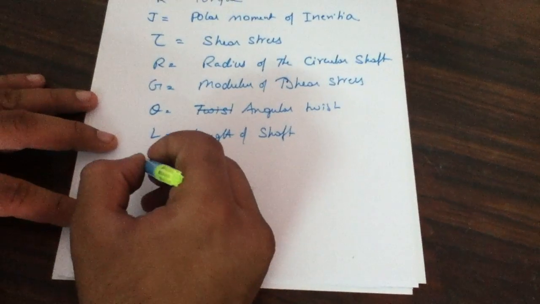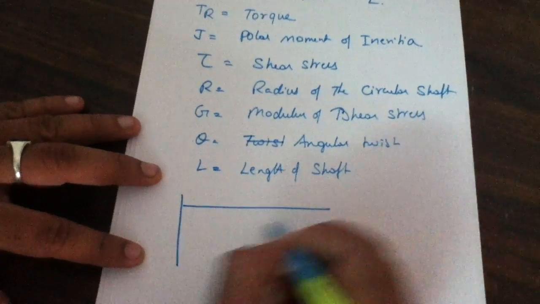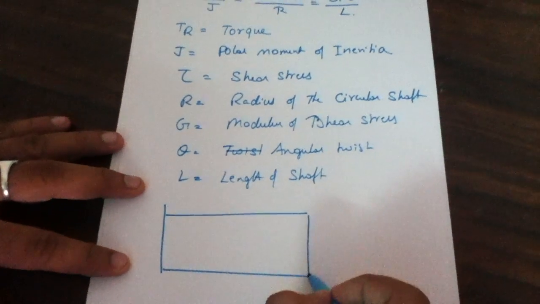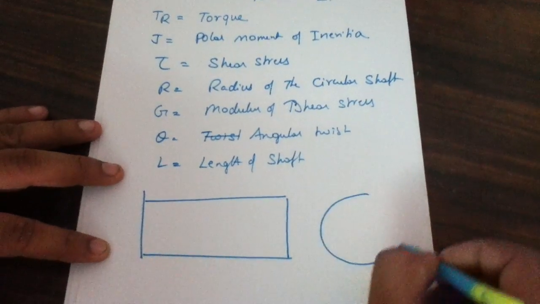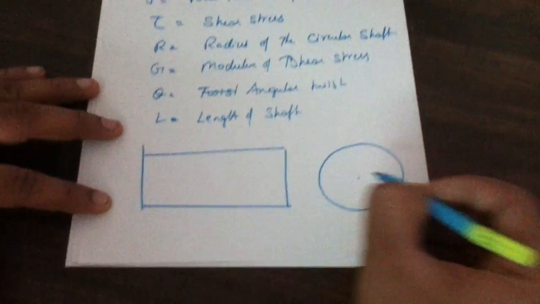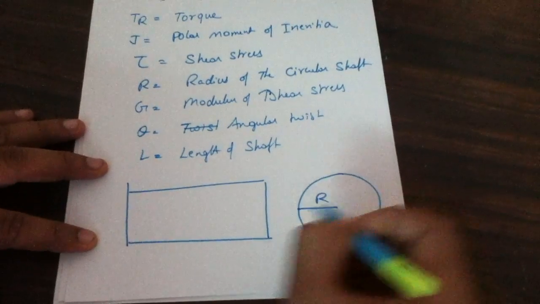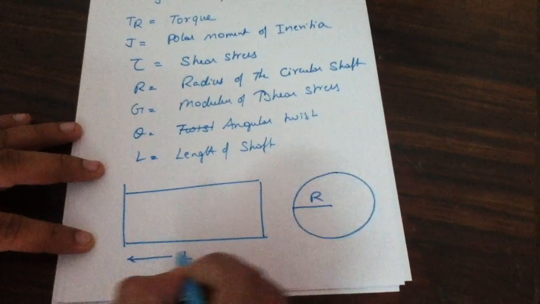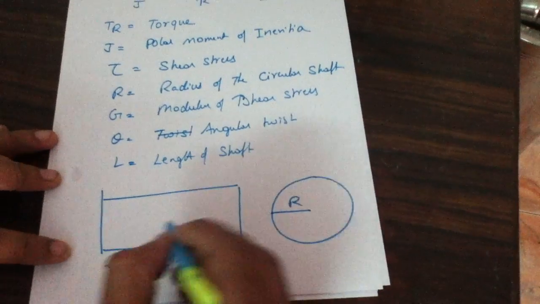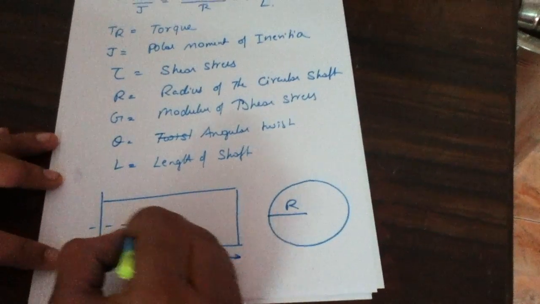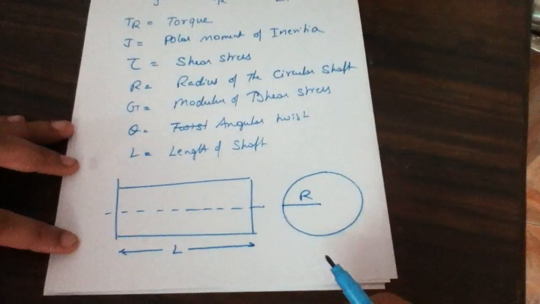Now let us take a shaft, and this is the side view, where this is the radius, this is the length of the shaft, and now let us say this is the longitudinal axis.